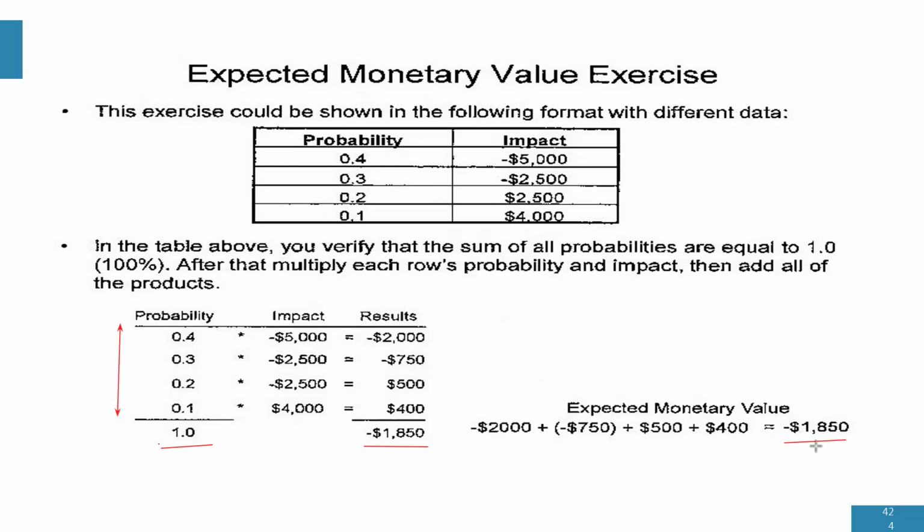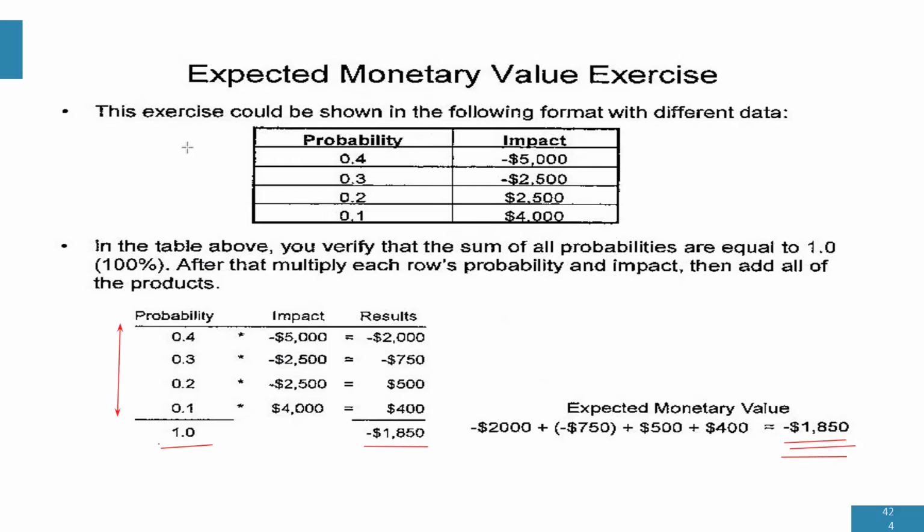And here we're getting a negative of $1,850. Now, if you have to execute this project, what this means is apart from the project budget, this amount of money is what you need as contingency reserve. In other words, if you're using expected monetary value, it can help you to calculate the contingency reserve that you should have in your project.